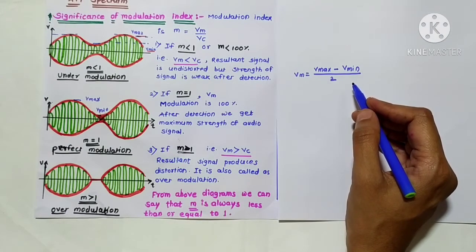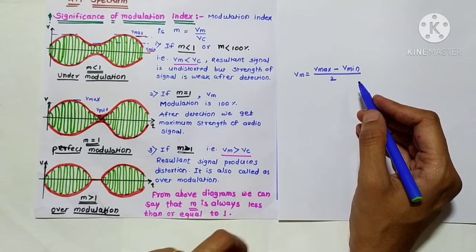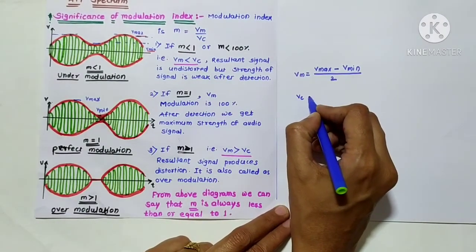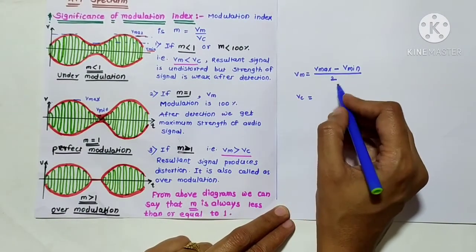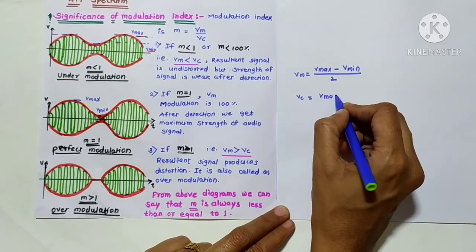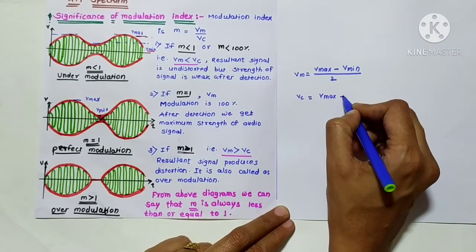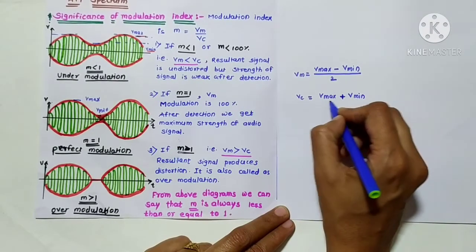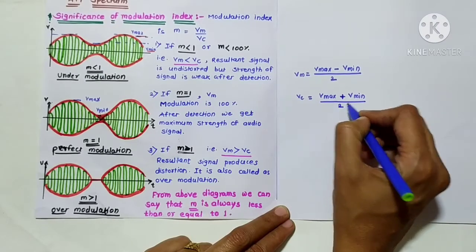This is the modulating amplitude. In a similar way, the carrier amplitude is given here: V max plus V minimum upon 2.